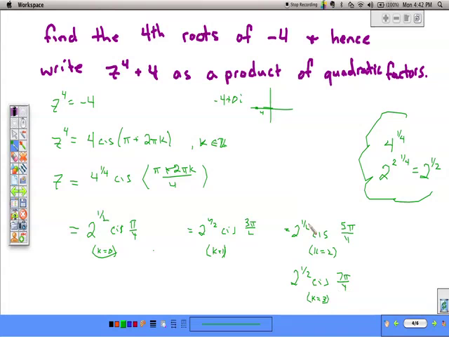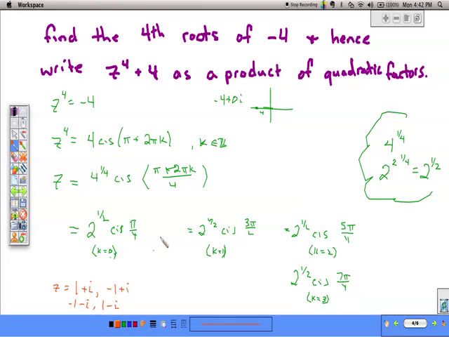And if we use k equals 4, we're going to be back to something that's coterminal with pi over 4. So we repeat through this cycle. So my values that I get when I expand these four things out are going to be 1 plus i, -1 plus i, -1 minus i, and 1 minus i. I'm just expanding out the long way.